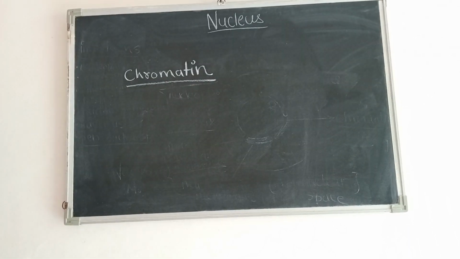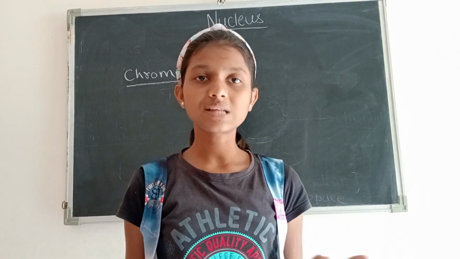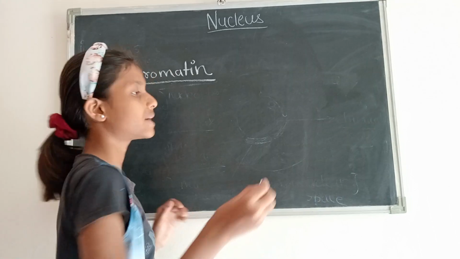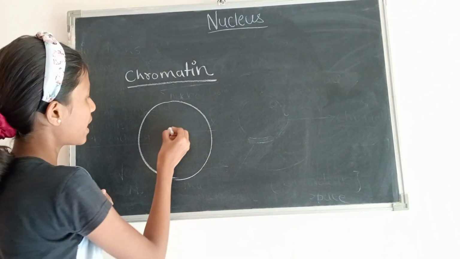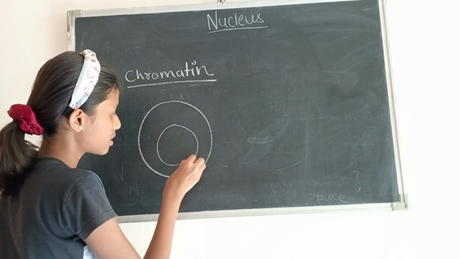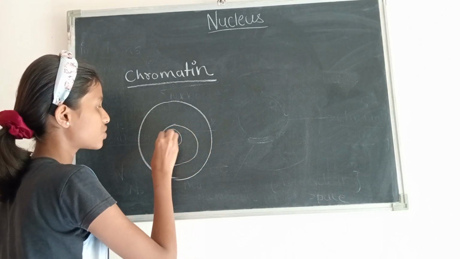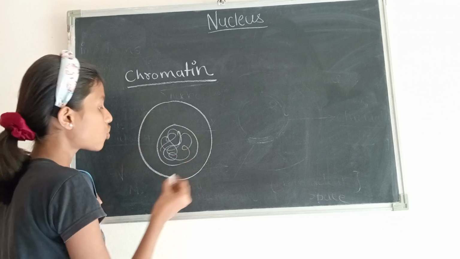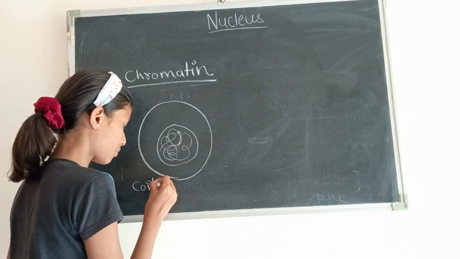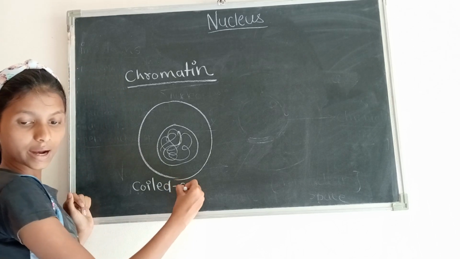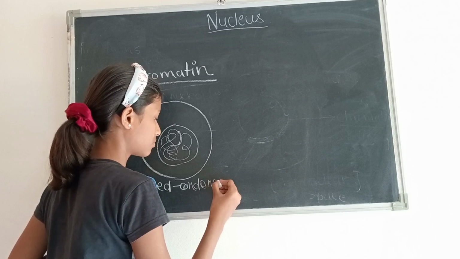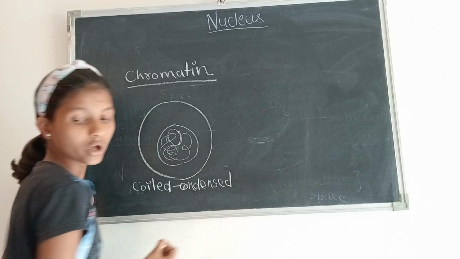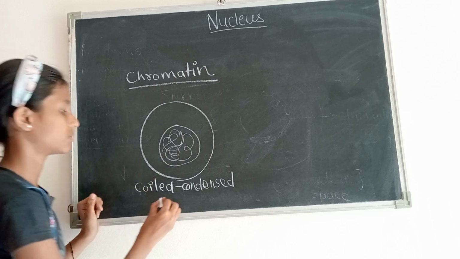What is chromatin? Chromatin is nothing but just the coiled structure. It is just the coiled thread inside the cell. This is the cell, and this is the nucleus. Inside the nucleus, the coiled and condensed structure or thread.